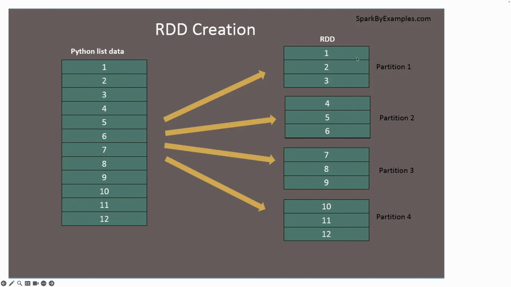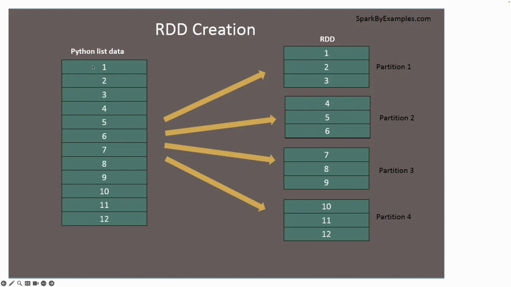Now, sometimes there might be a scenario where you would like to shuffle the data. When Spark creates partitions, each partition goes to one executor node, right? Sometimes you may have written logic where you would like to sort the data.